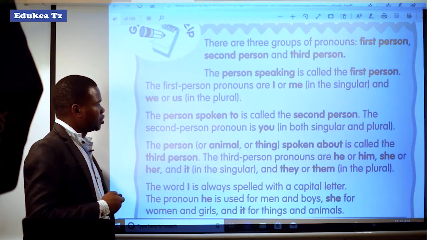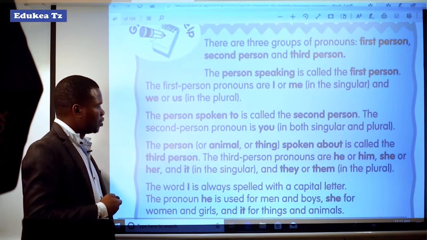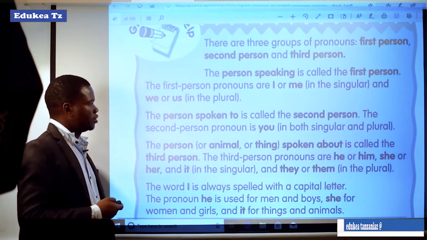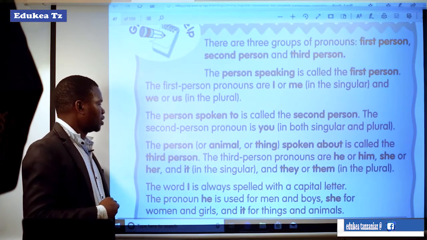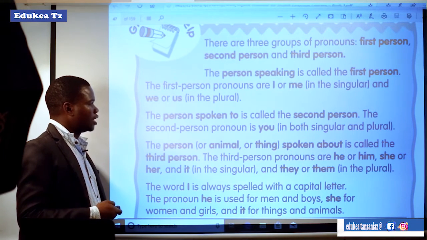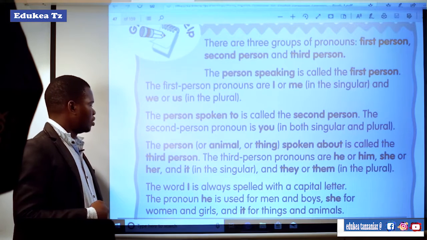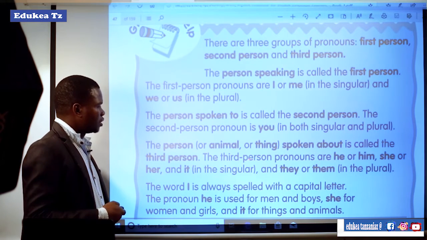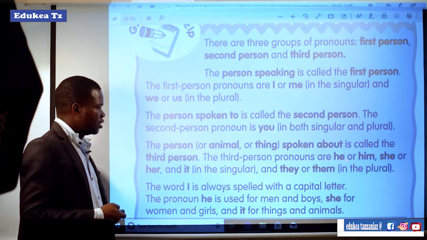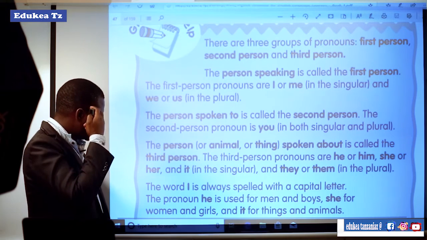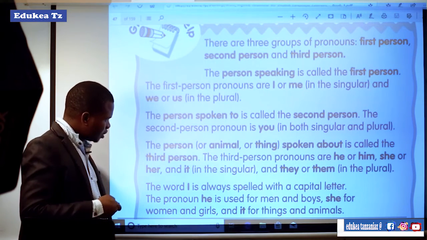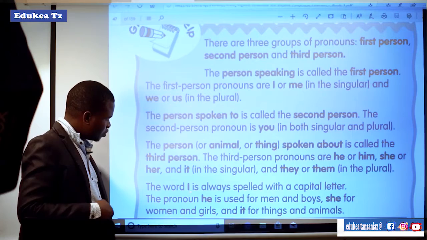The person spoken to is called the second person. The second person pronoun is you in both singular and plural. The person or animal or thing spoken about is called the third person. The third person pronouns are he or him, she or her, and it in the singular and they or them in the plural.